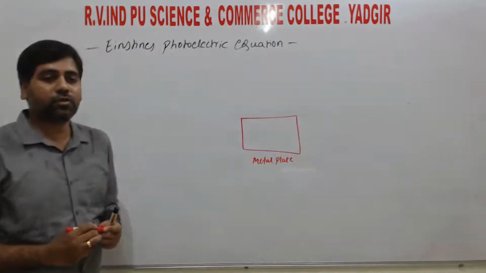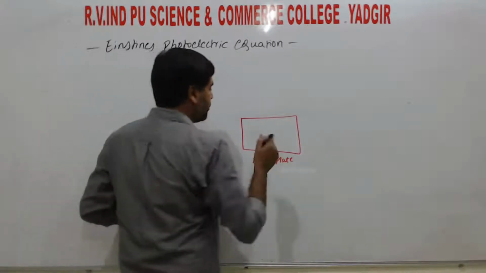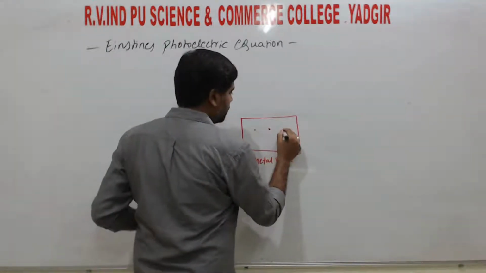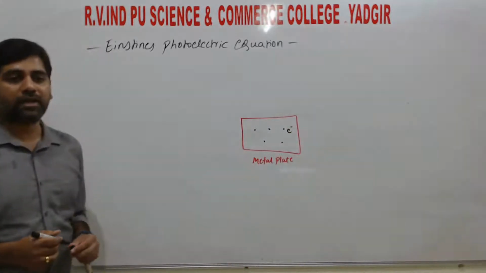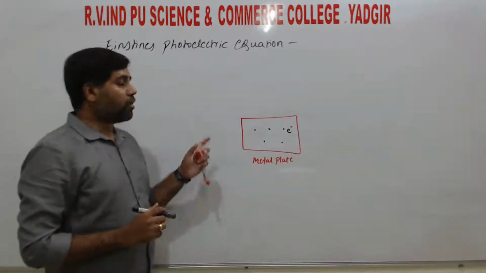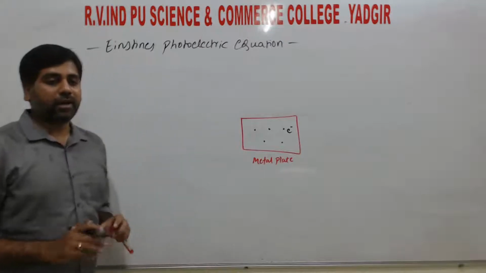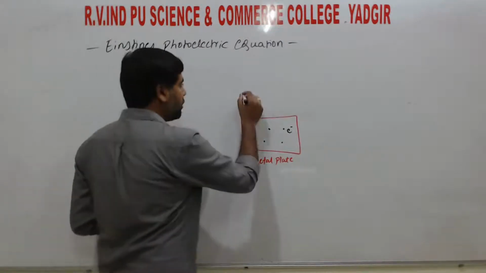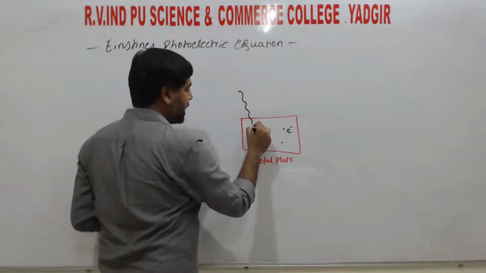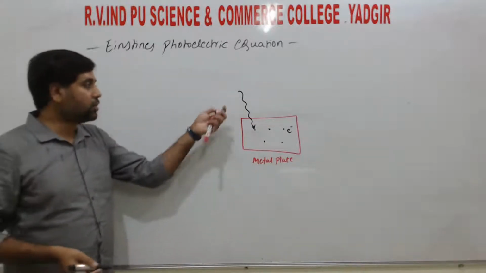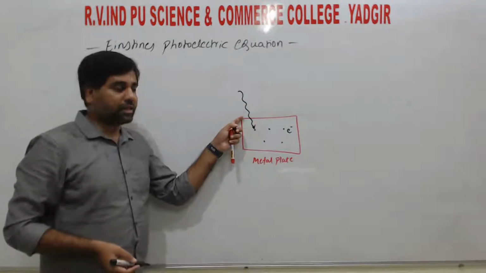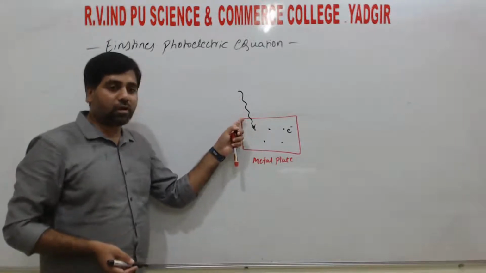So the metal plate consists of electrons. It has several electrons, denoted by e to the power of minus. So according to Einstein's photoelectric effect, this is the incident light, that is quanta of energy. So this radiation consists of quanta of energy.